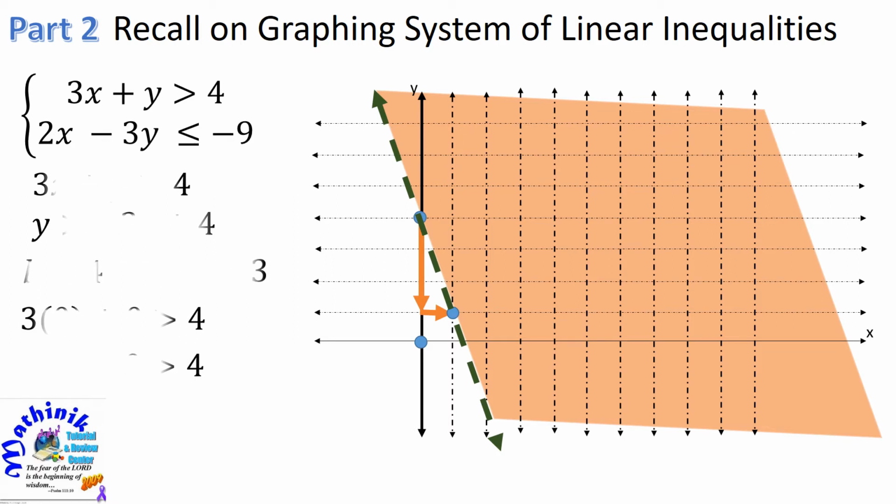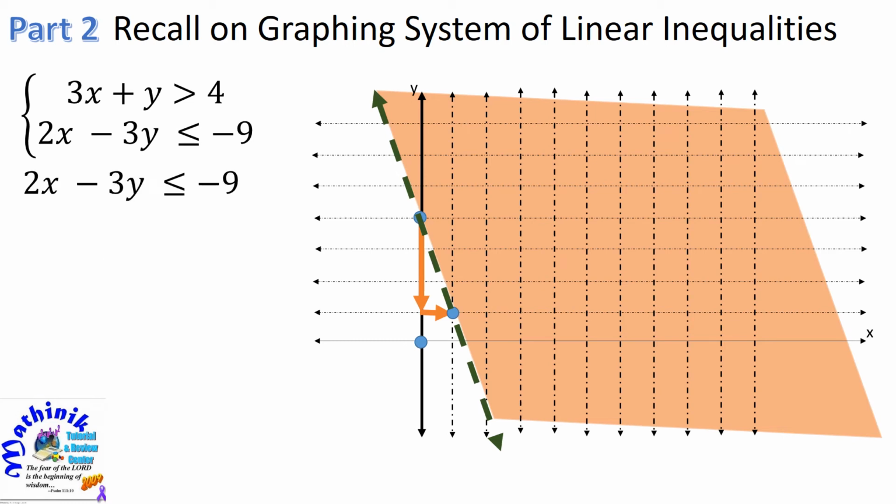Okay, let us proceed to the next inequality, that is 2x minus 3y is less than or equal to negative 9. So using the same method, we translate this into y equals mx plus b, or the slope-intercept form. We get y is greater than or equal to 2/3 x plus 3.